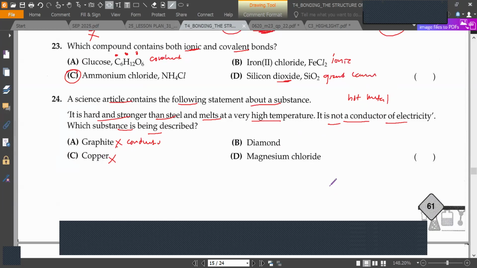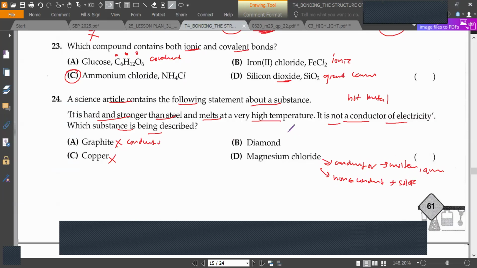Stronger than steel and melts at very high temperature. It's a non-conductor of electricity. Ionic compounds conduct when molten or aqueous; non-conductor is when it is solid.